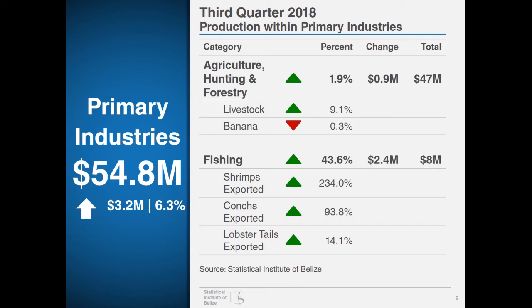As the fishing industry continues to struggle towards recovery, an increase in the export of shrimp, conch, and lobster tail all contributed to this 43.6% or $2.3 million in the fishing industry. And please note, though there was an increase of over 200% in the export of shrimp, this is nowhere close to what production was in 2014 before the disease affected the production.